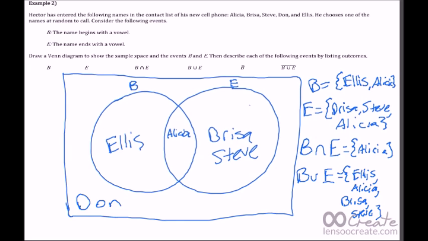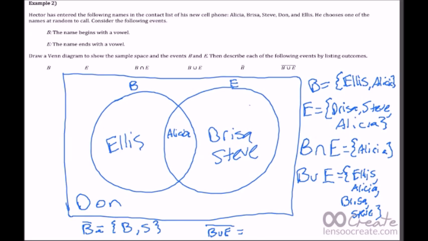And then the complement of B, put down here. We want everything that isn't B. Who fell into category B was Ellis and Alicia. So we are going to write Brysa and Steve in this one. And then our last one is the complement of B or E. That means anyone that falls outside of the union.